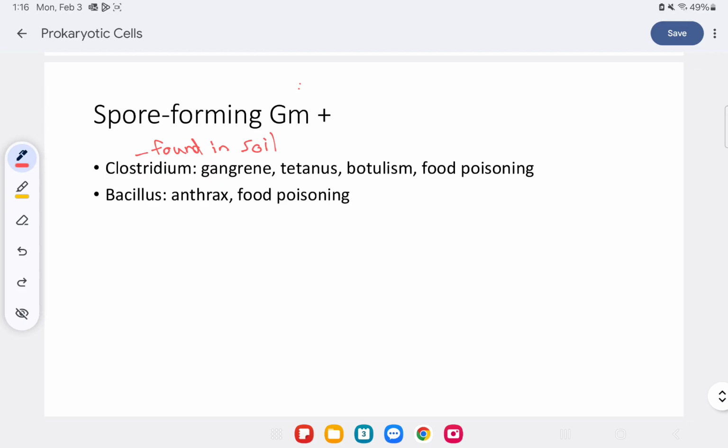So perfringens causes gas gangrene, and it used to be like, if you worked in an army hospital, that's who has to worry about that, right? But gas gangrene, I'm sorry to tell you, is starting to show up because we have a lot of people who have diabetes.